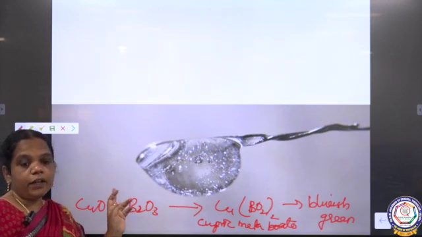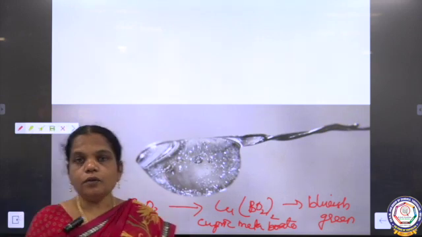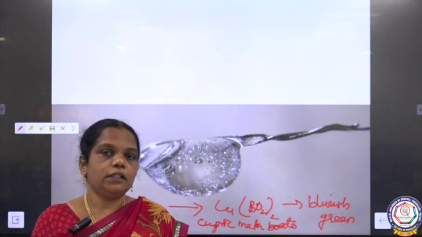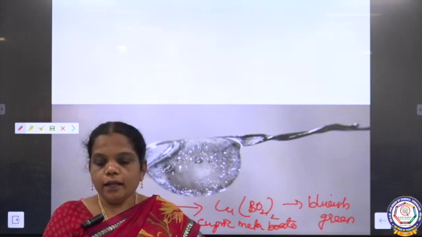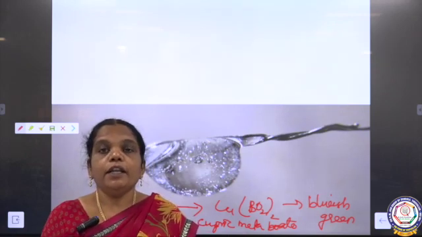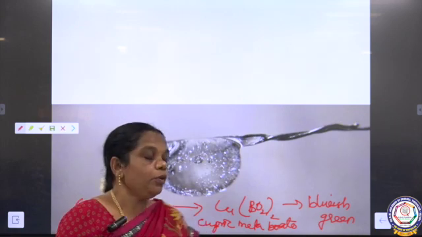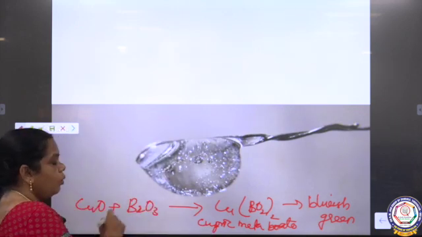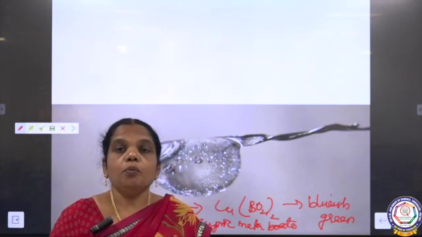Like that we can identify chromium. Chromium gives a bottle green color in the borax bead test, nickel gives navy blue by reaction with boric oxide, and cobalt gives a blue color.